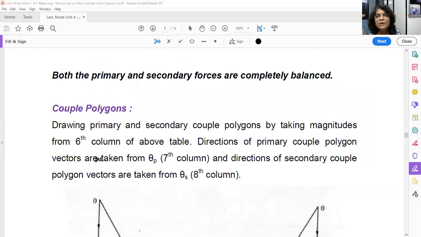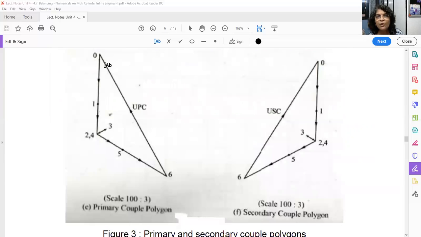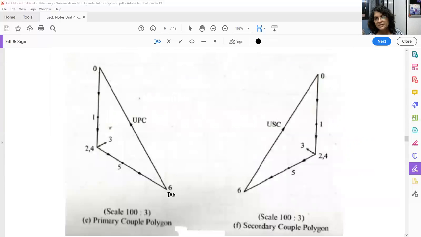Where are you now? I started from 0, or O, here, and now I am here. So what type of polygon are you getting? An open polygon. So 0, 1, 2, 3, 4, 5, 6. As it is an open polygon, the primary couple is not balanced. So what is the magnitude of the unbalanced couple?